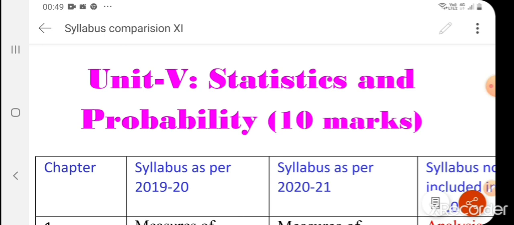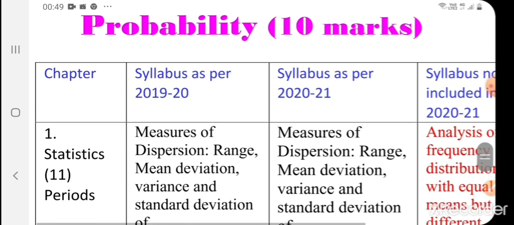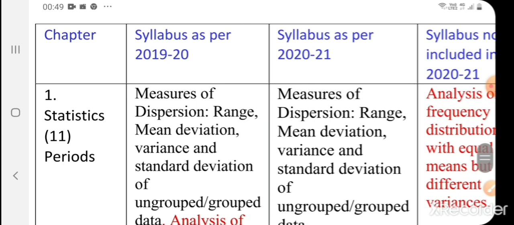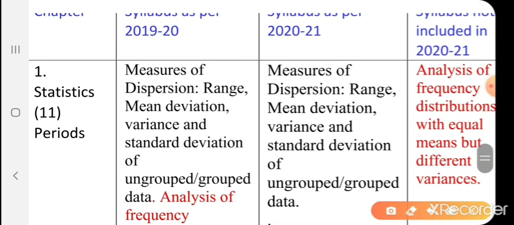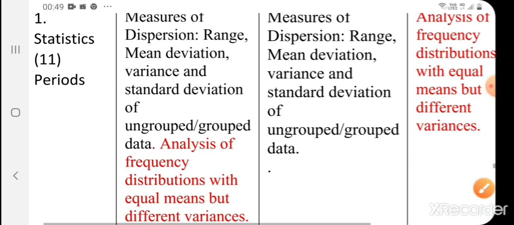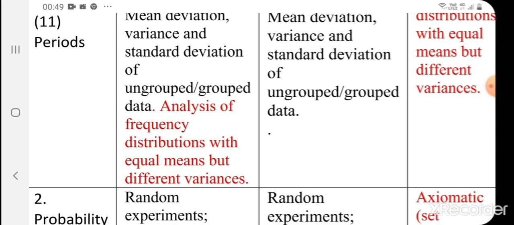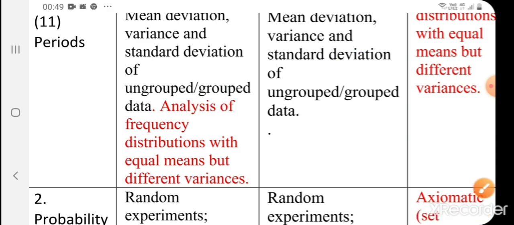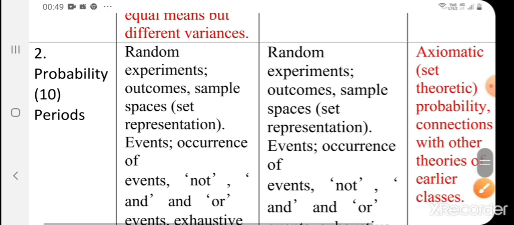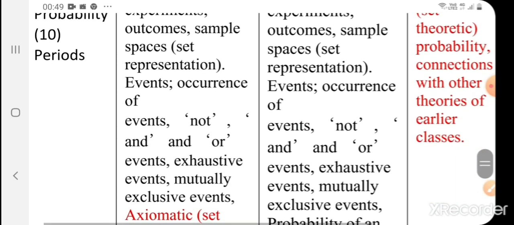In statistics and probability, everything is included in statistics except the analysis of frequency distribution. Only these colored parts are excluded and everything else is present. Similarly, in probability, we have to include everything.